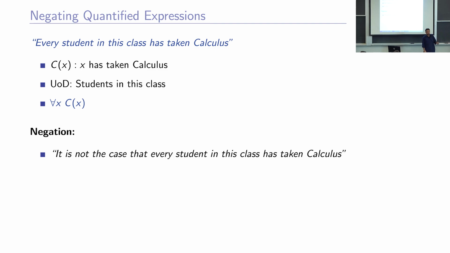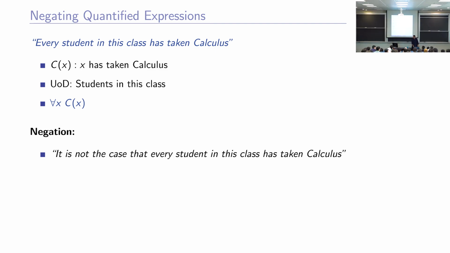Yes, please. Go ahead. Not every student has taken calculus seems to be correct, depending on how you do the English. What I said that was not correct is that no student has taken calculus, which means the number of students who have taken calculus is 0.